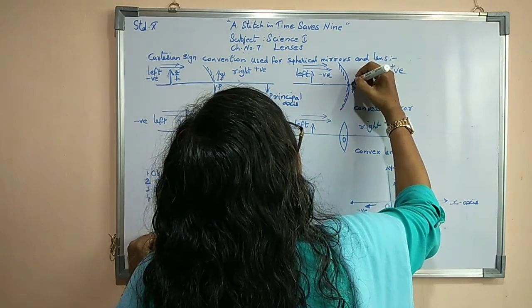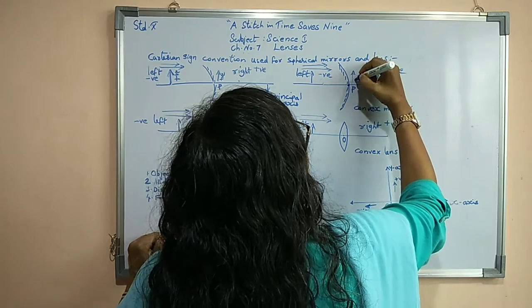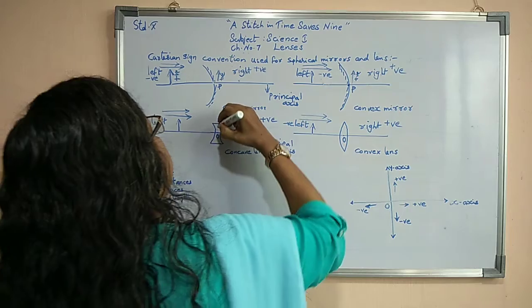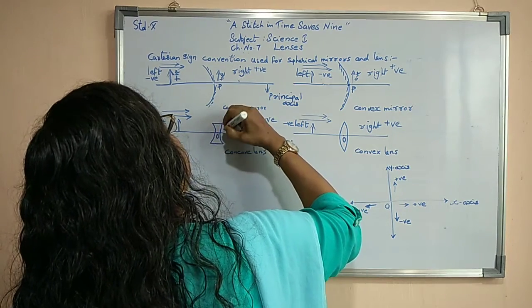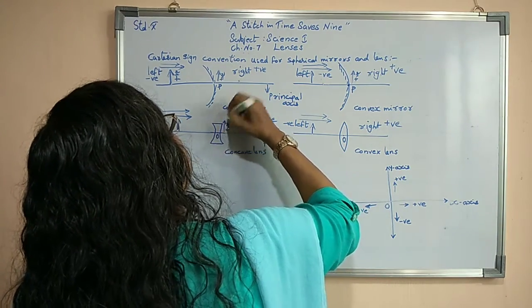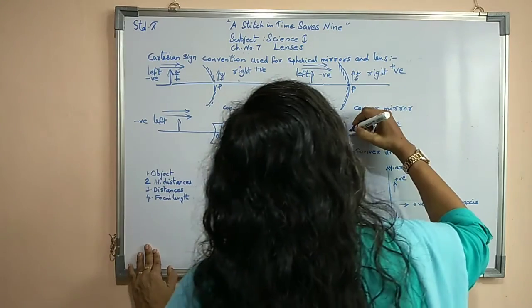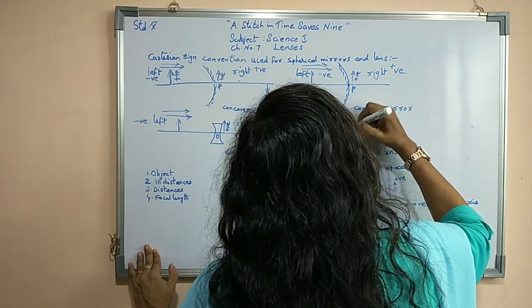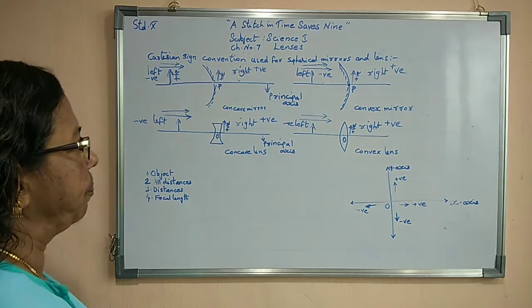Distances perpendicular to the principal axis, we have to take as positive. Similarly here, and same thing here also.